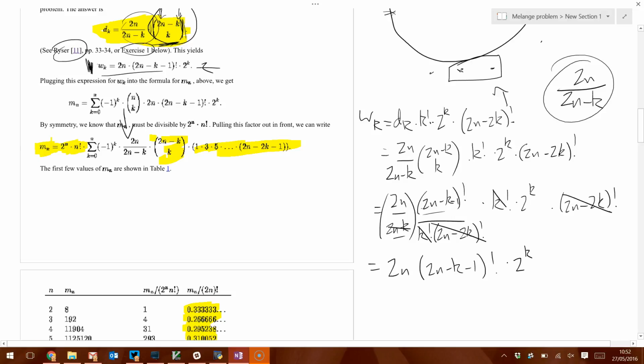Find some space. Let's see if we can do it down here. So I'm going to look to get a factor of 2 to the n and n factorial out. Let's just look at, for a particular k, this thing, and forget about the sum for the moment. So we've got -1 to the k, expand the binomial thing, that's normally a good idea, times 2n times 2n minus k minus 1 factorial times 2 to the k.